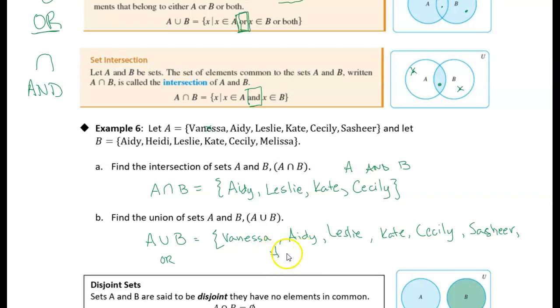Heidi's new, let's put Heidi in there. Leslie's already there, Kate's already there, Cecily's already there. And then Melissa, so we'll put Melissa in there. Melissa Villaseñor. All right, so there you go. There's our union. If you are in either A or B, you get to be part of the union.